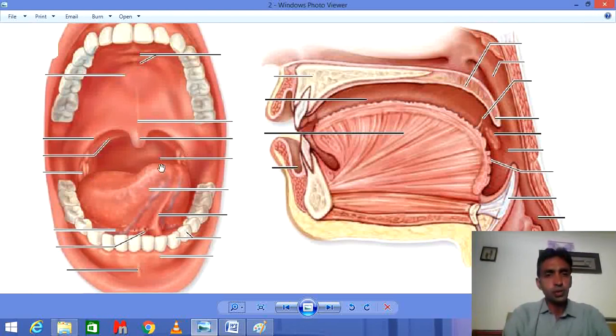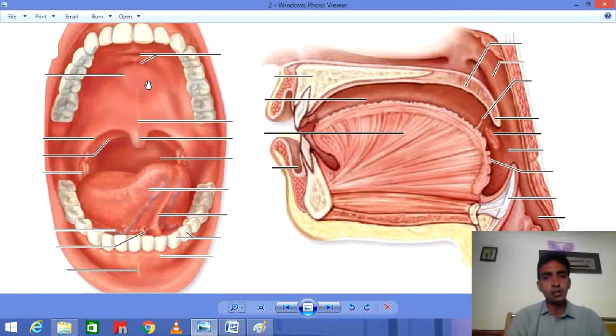When you ingest food into the oral cavity, chewing starts. You roll the food between the teeth. During this rolling, the cheek provides one boundary, and the hard palate provides a boundary.